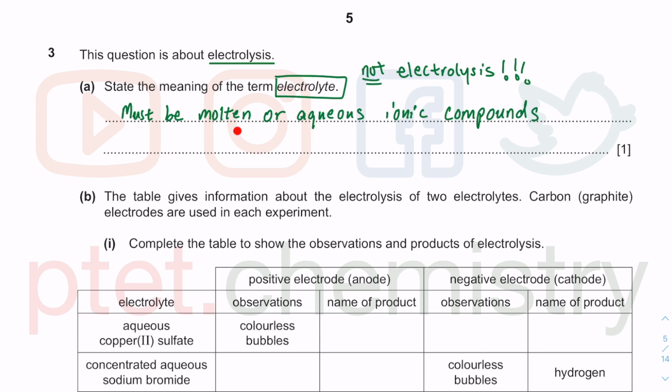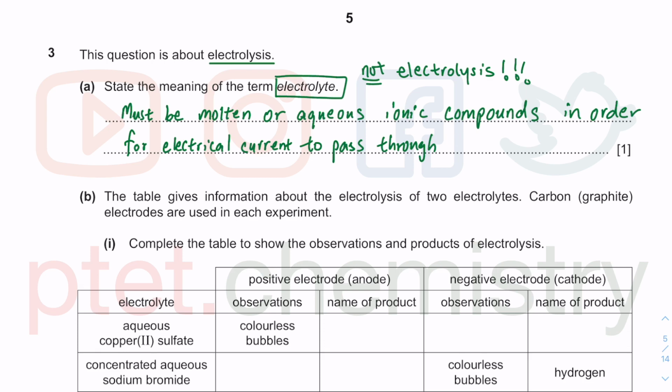So they must be molten in the liquid state, or they must be dissolved in water in order for electricity, or electrical current, to pass through or to conduct, because your ions are not free to move in the solid state, as they can only vibrate about fixed positions in the giant ionic lattice structure.